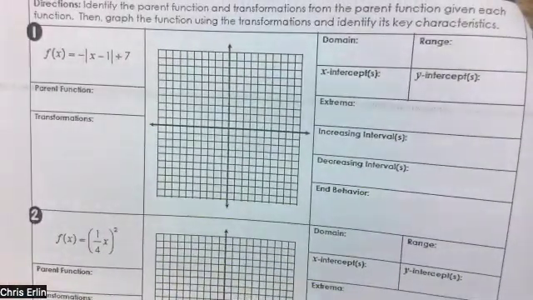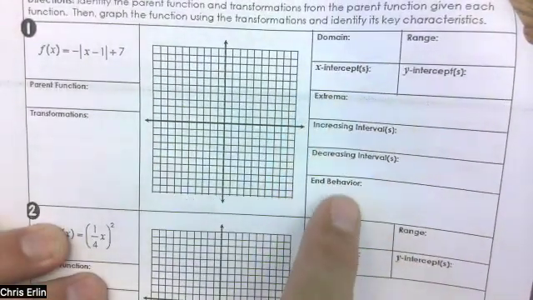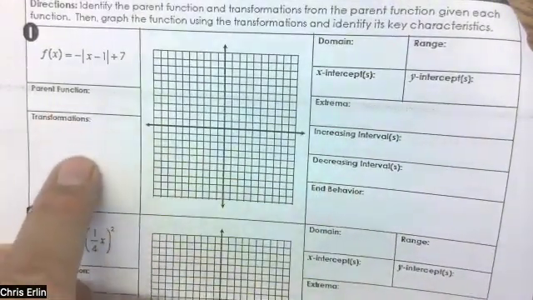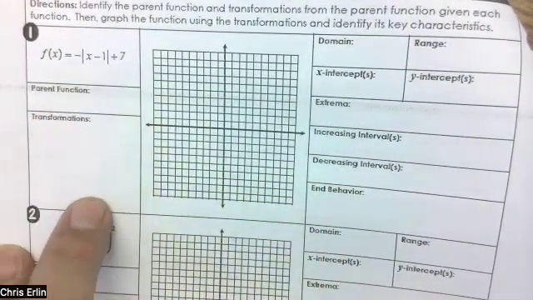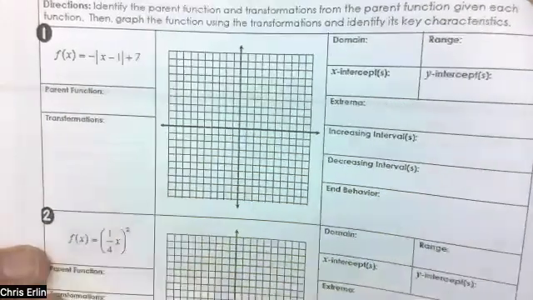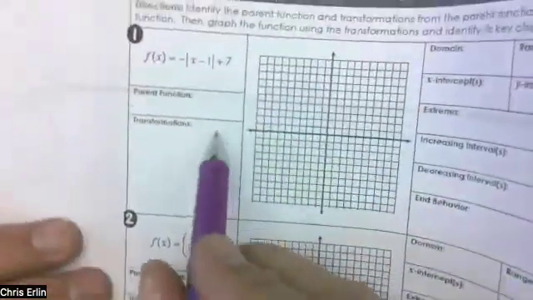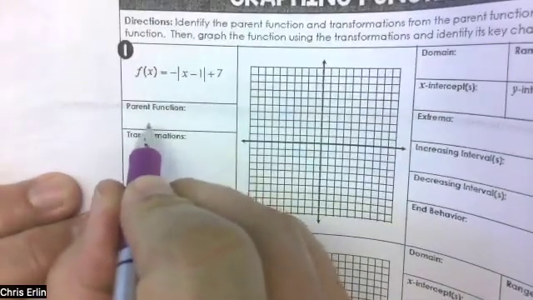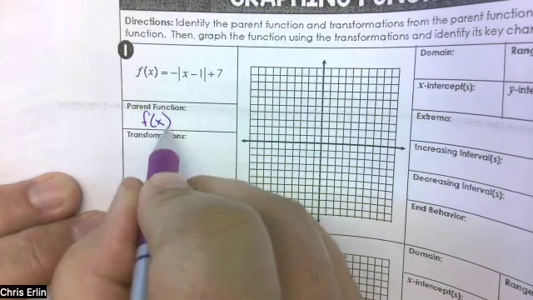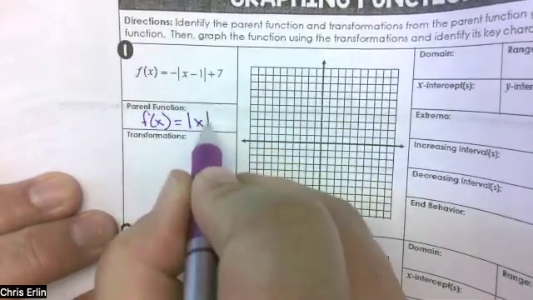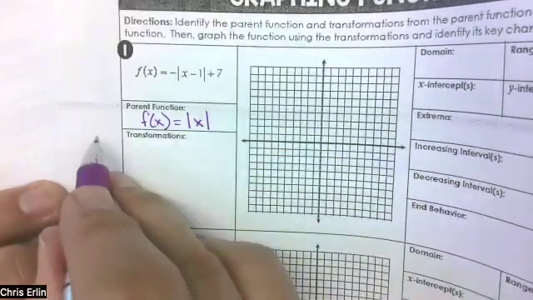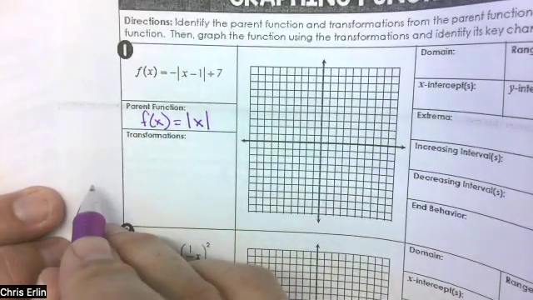Now, does this look similar to what I just did? I would like to suggest something different here. Let's put the parent function in. What's the parent function? Instead of listing the transformations here, put them over here outside this box.